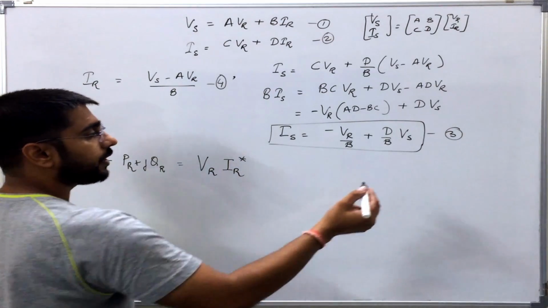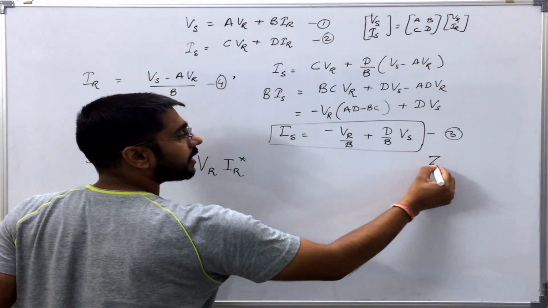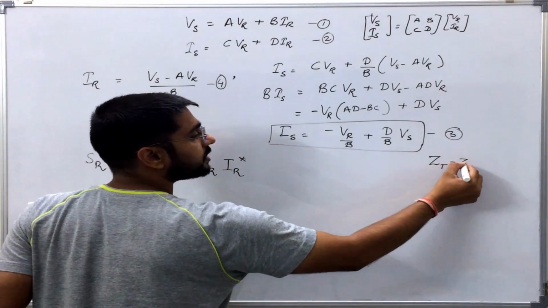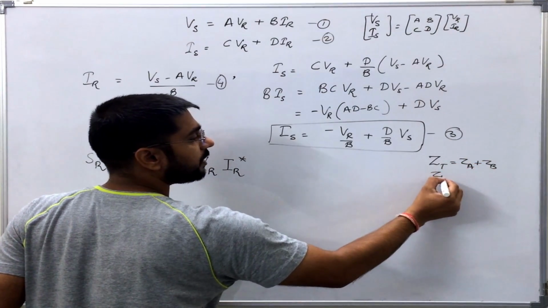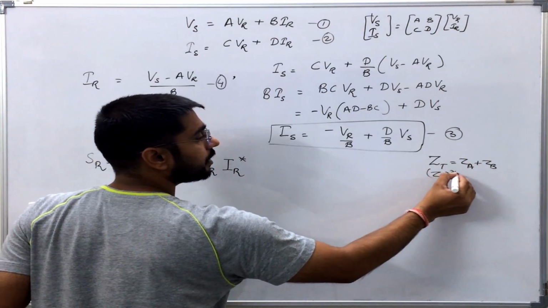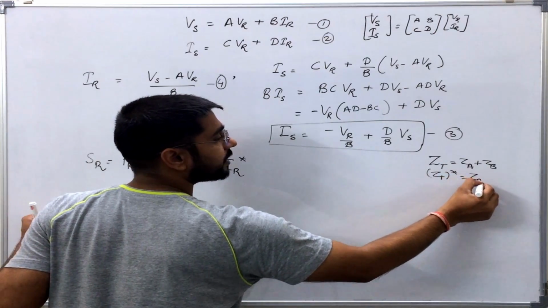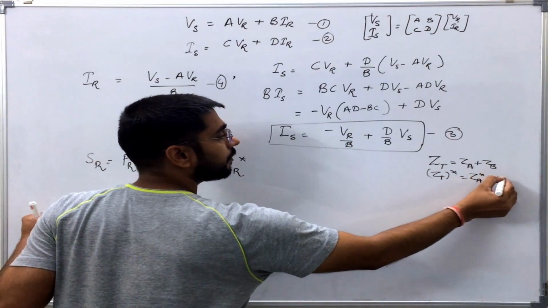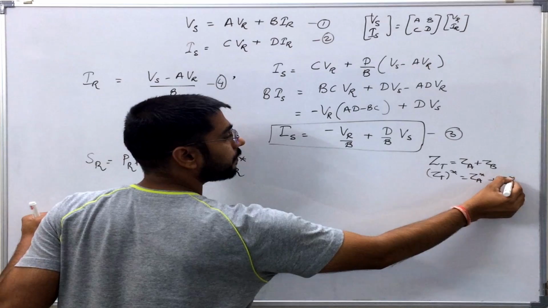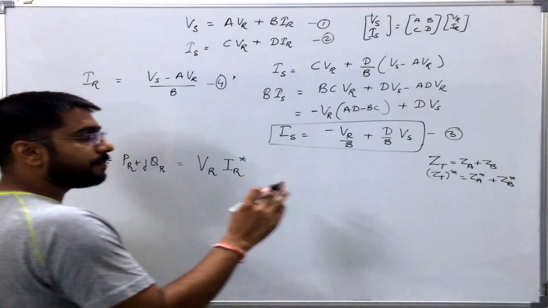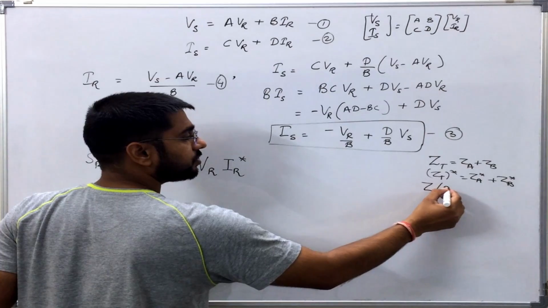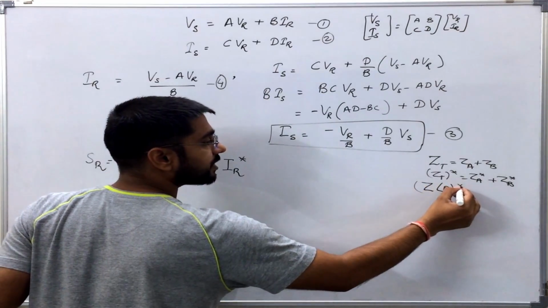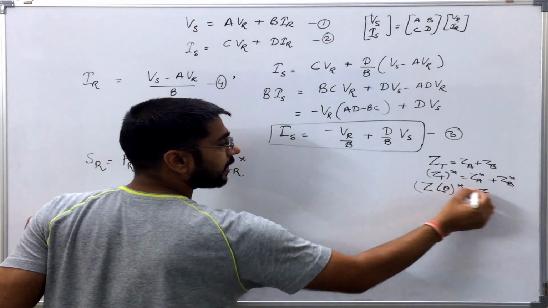Now, we already know that for a complex number, let us say Zt is equal to Za plus Zb, its conjugate will simply be the sum of these two conjugates. And for numbers in polar form, the conjugate can simply be written by just changing the sign of the angle.